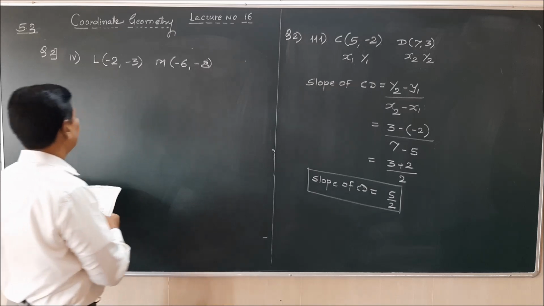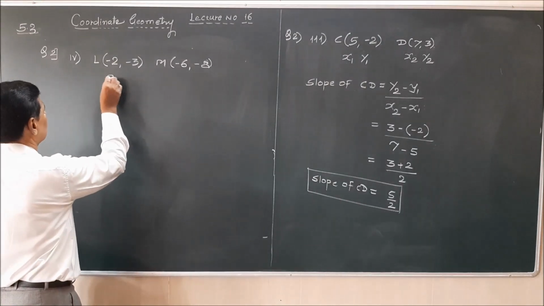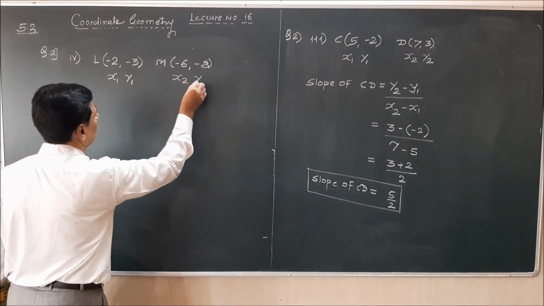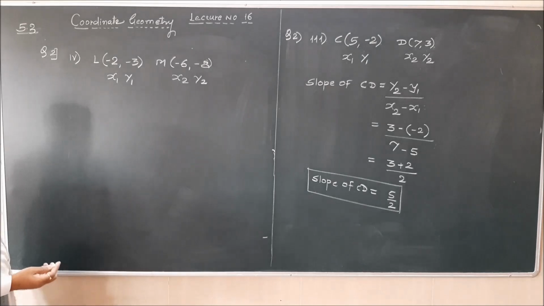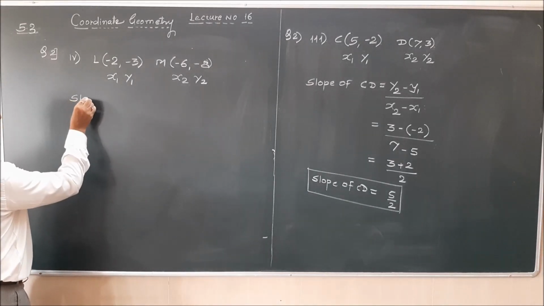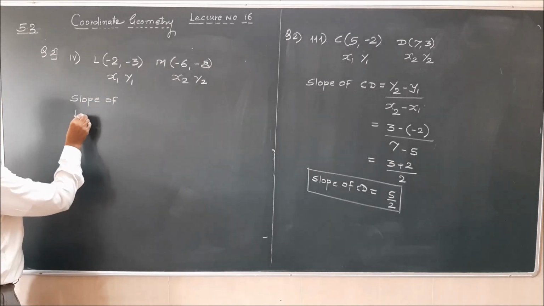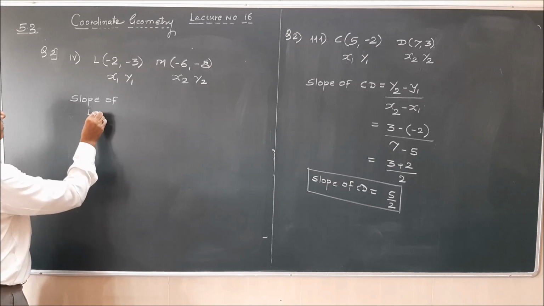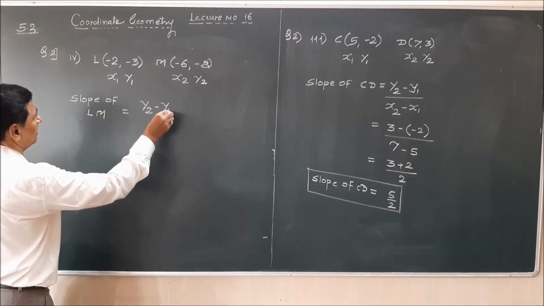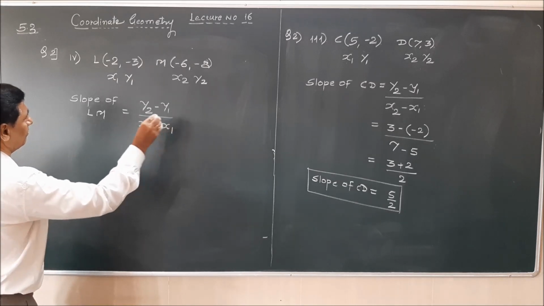All these are the same sums, same formula, no difference at all. x1, y1, x2, y2. Same type of sums. So again, let's say the slope of line LM is equal to y2 minus y1 upon x2 minus x1.